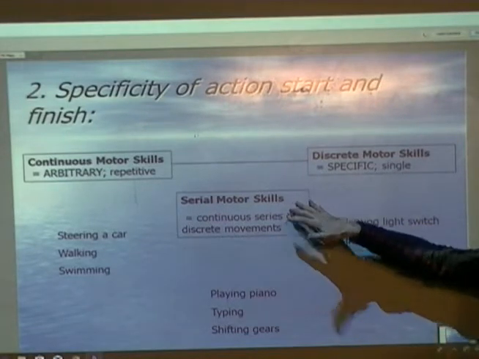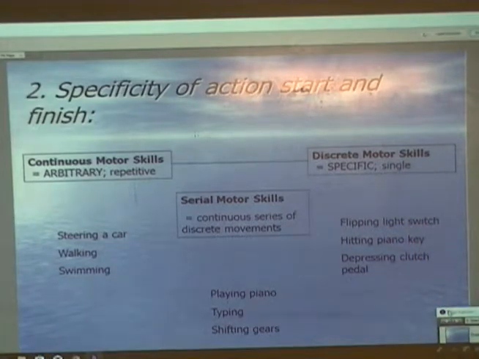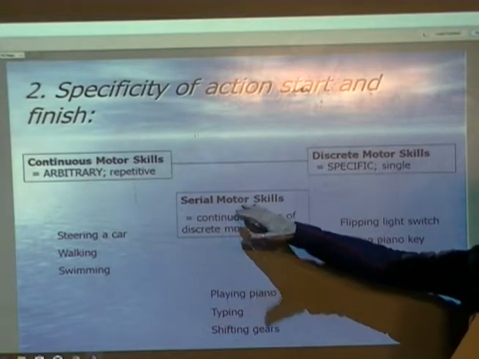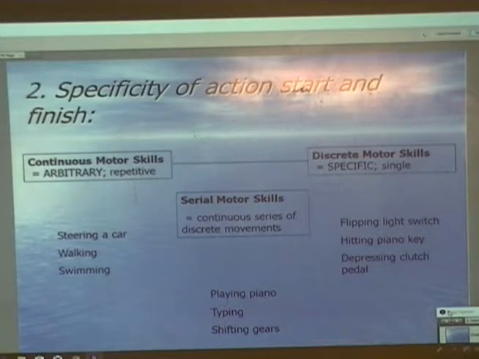So they're doing a whole sequence of skills that could be performed on their own. Okay? So pressing one piano key is discrete, but playing a tune becomes serial. Does that make sense? Okay.